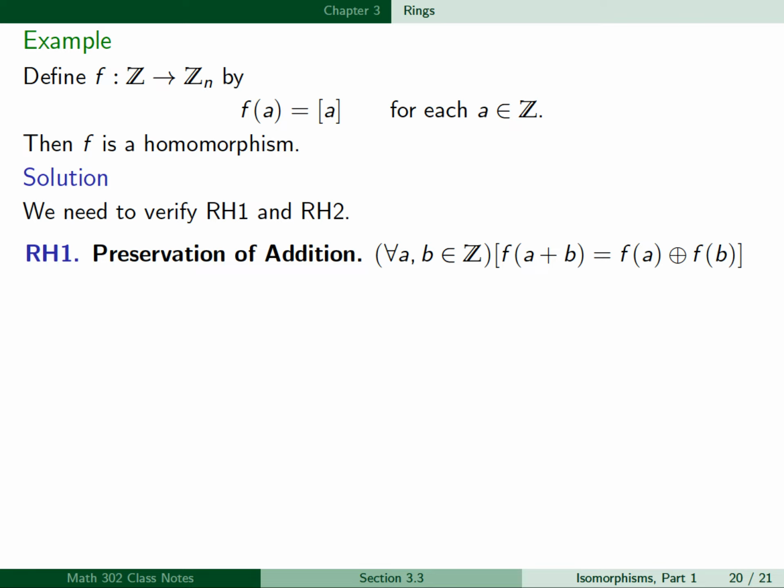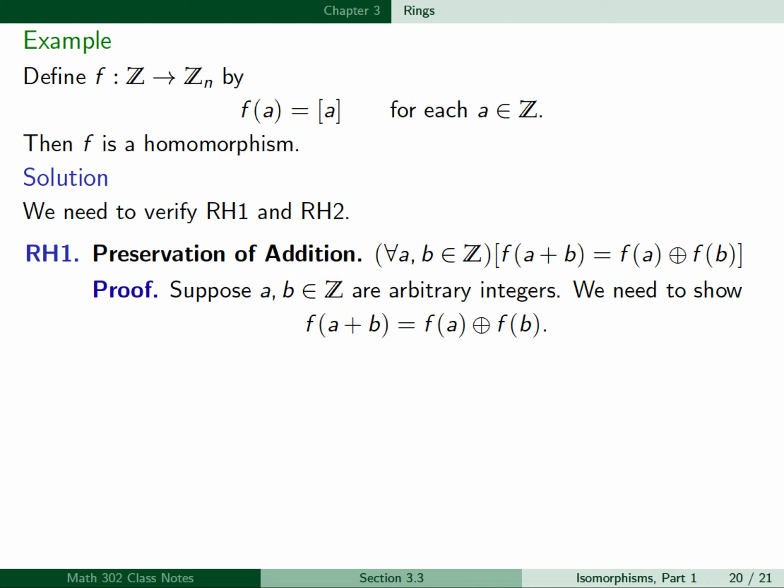On the right-hand side, f(a) and f(b) are elements of Z mod n, so these are congruence classes, and so the addition on the right side is going to be the addition of congruence classes, which we originally denoted with circle plus. So to prove this, we'll suppose that a and b in Z are arbitrary integers, and then we need to show f(a + b) is equal to f(a) circle plus f(b). So starting on the left side, we obtain f(a + b), and according to the definition of the function f, this will be the congruence class of a + b.